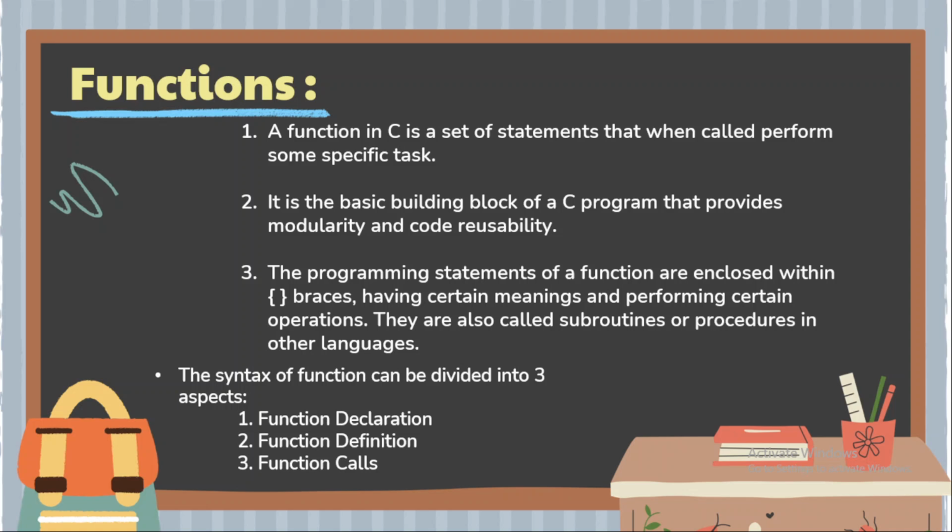The programming statements of a function are enclosed within curly braces, performing certain operations. The syntax of a function can be divided into three aspects. First, function declaration. Second, function definition. Third, function call.